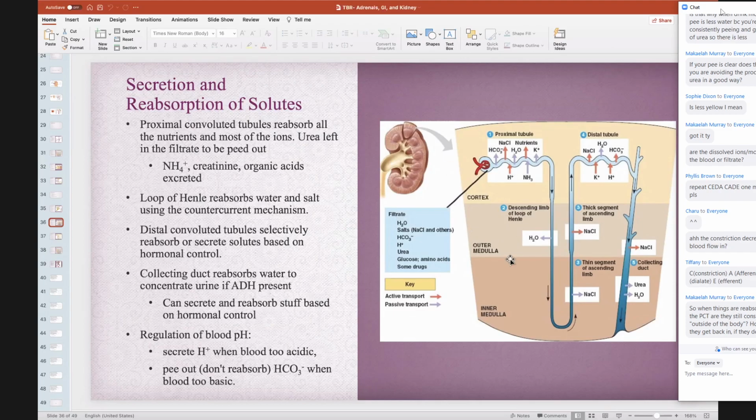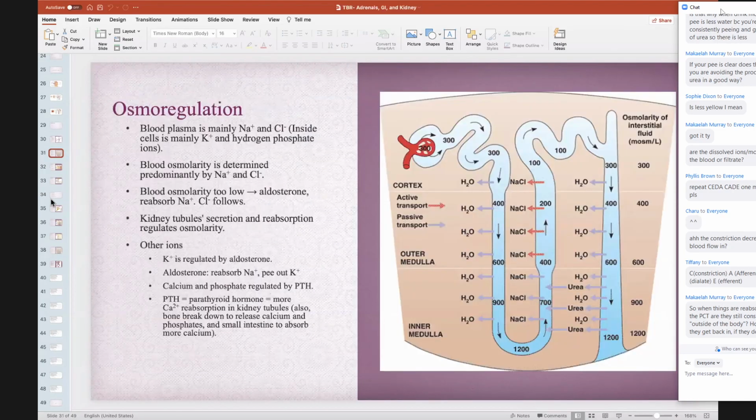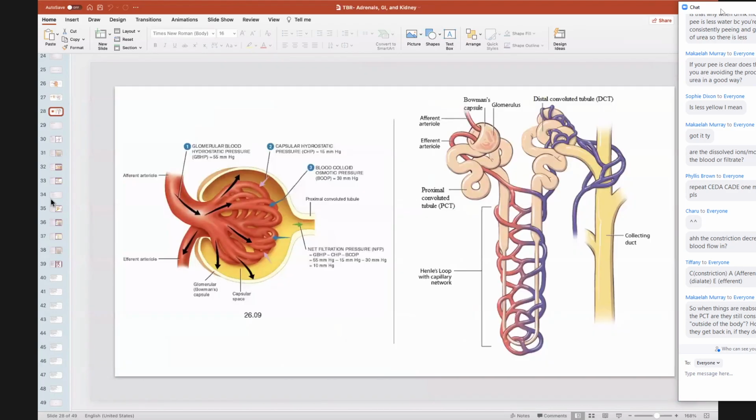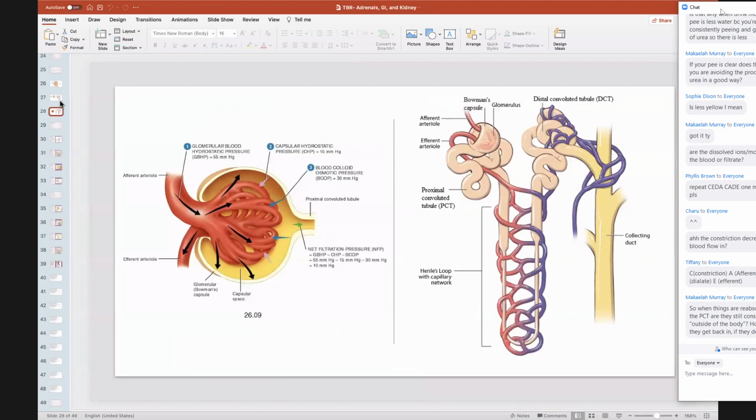How do they get back in? Once we're in this area, how does it get back into the blood supply? Everything here is lined by these blood vessels. While it's back in the renal cortex and renal medulla, it's in an interstitial space at that point.